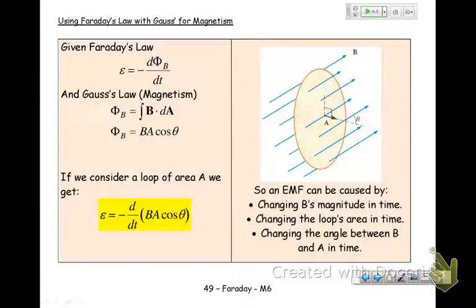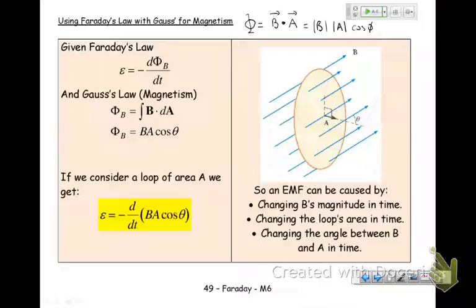But I seem to recall that my flux was equal to B dotted with A, the vectors, which equals the magnitude of B times the magnitude of A times the cosine of the angle. Yeah?